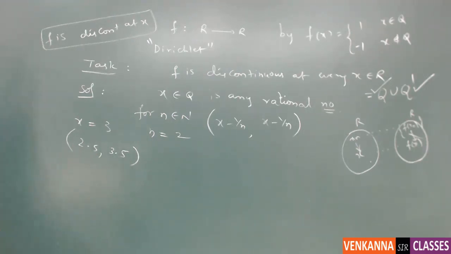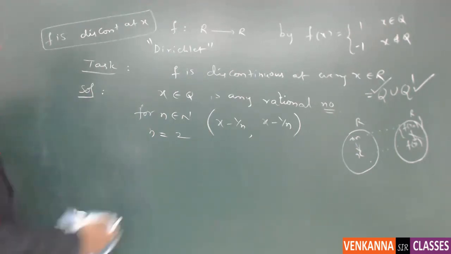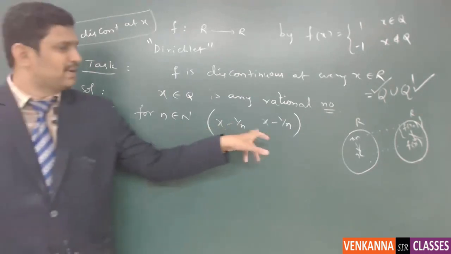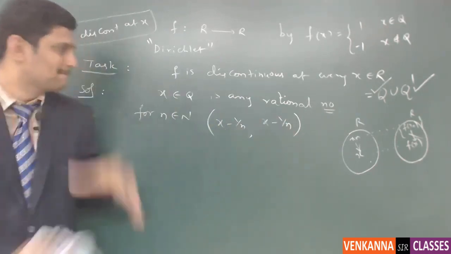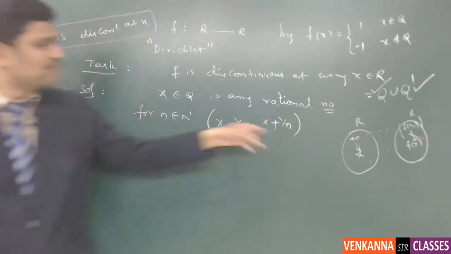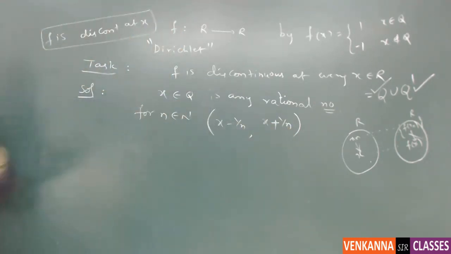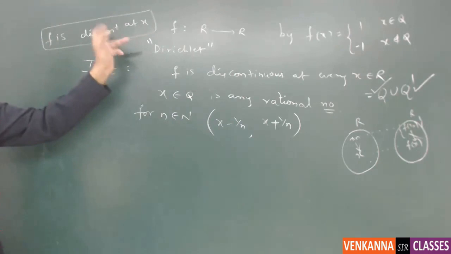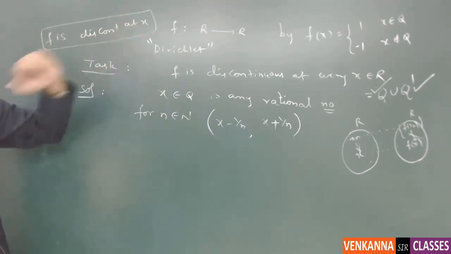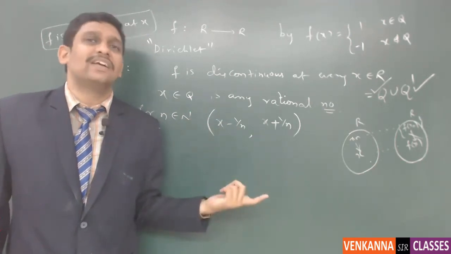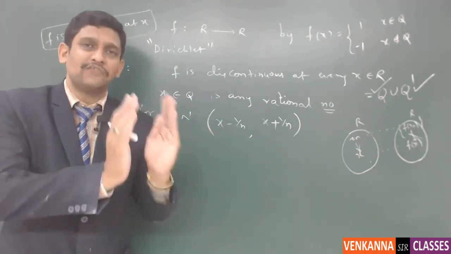So in this way, for every natural number n, between x minus 1 by n and x plus 1 by n, you can find so many rationals as well as irrationals. Since my intention is not to prove continuity, apart from taking a rational sequence, I can find a set of irrationals here.